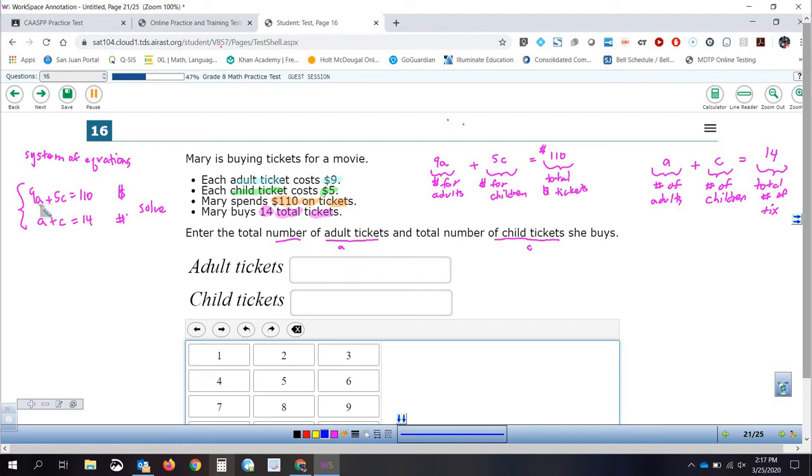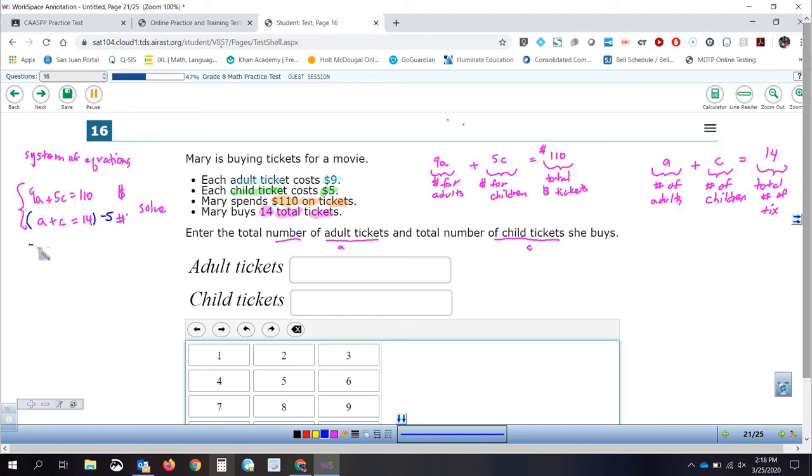All right, so I have 9 A's here. I can multiply this bottom equation by -9, and that would make this negative 9a. It would be the opposite. Or I can multiply this bottom equation by -5, and that would make this negative 5c. Well, since it's a little easier to multiply by 5s than by 9s, I'm going to go ahead and multiply this bottom equation by -5.